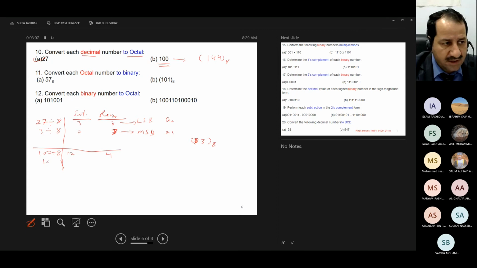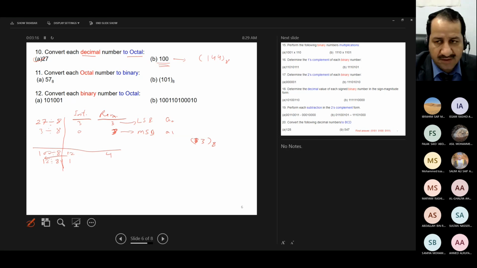Now I take 12 divided by 8. How many? We have 1. How much the remainder? It will be 4. Now 1 divided by 8. We cannot, 0, and the remainder is 1.